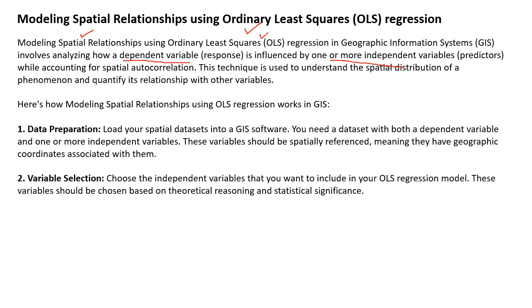Suppose the dependent variable is the coke sale, and you have to explain it with the help of independent variables, maybe the temperature, maybe per capita income, maybe the distance from the city. There may be different variables which you can use to explain the variability in the coke sale based on the variability in the independent variables.